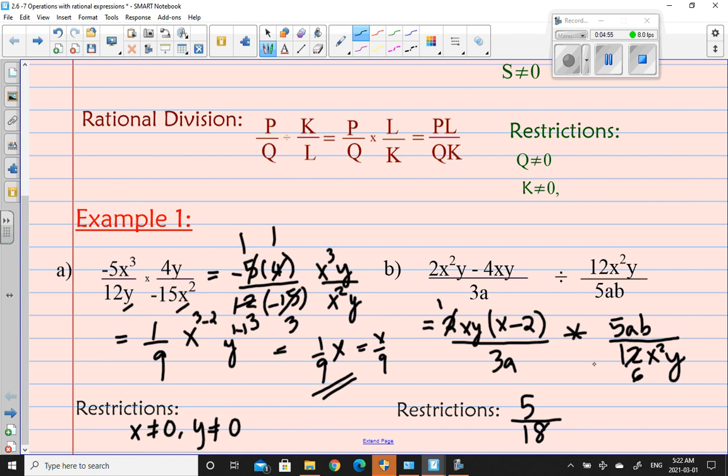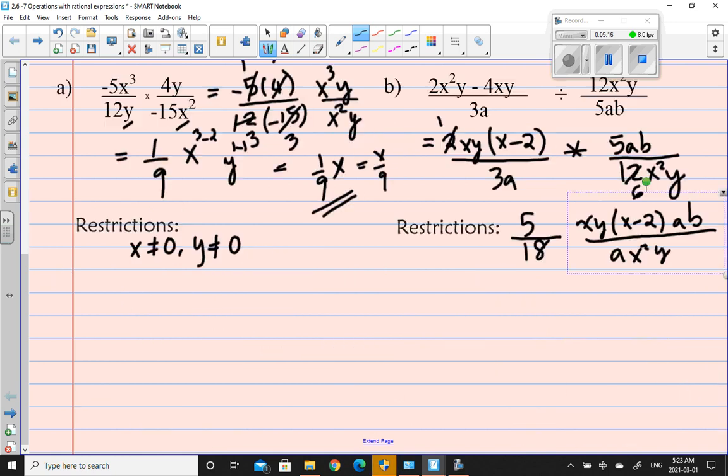And then for the variable part, you have xy times x minus 2 times ab divided by a times x squared y. So this works out to 5 over 18.